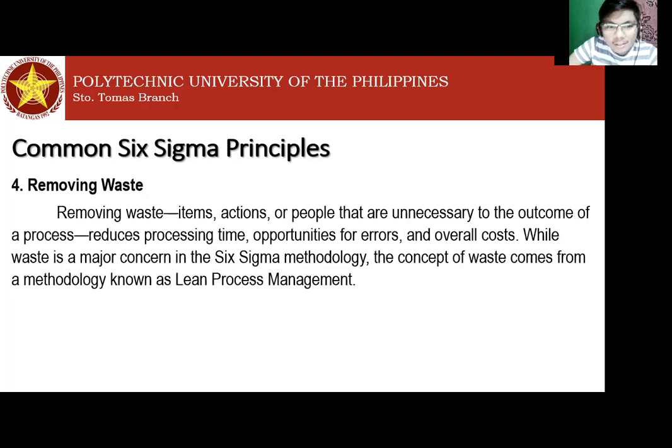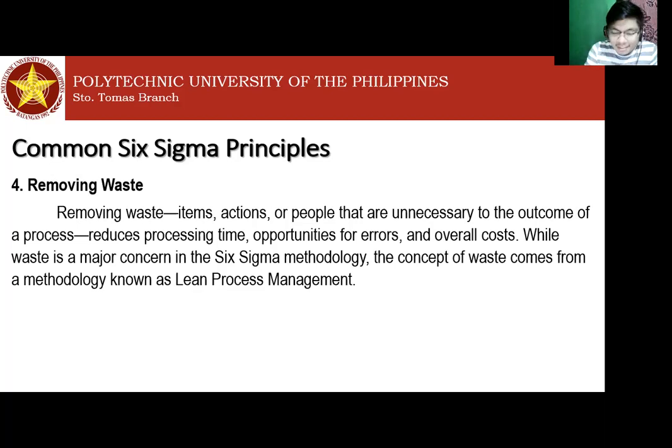Number 4 is removing waste. So in IE, we have 8 ways. So in Six Sigma, ito yung ginagamit din natin in order to reduce those waste. So removing waste, items, actions, or people that are not necessary to the outcome of a process. Reduces processing time, opportunities for error, and overall cost. While waste is a major concern in the Six Sigma methodology, the concept of waste comes from a methodology known as lean process management.